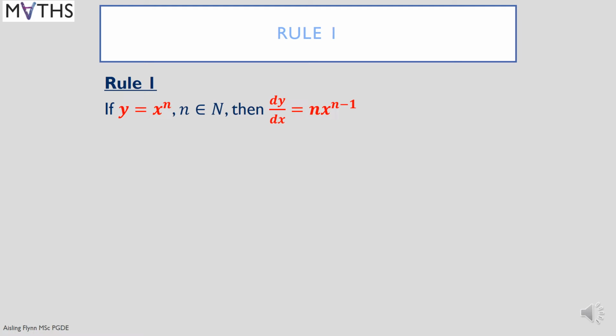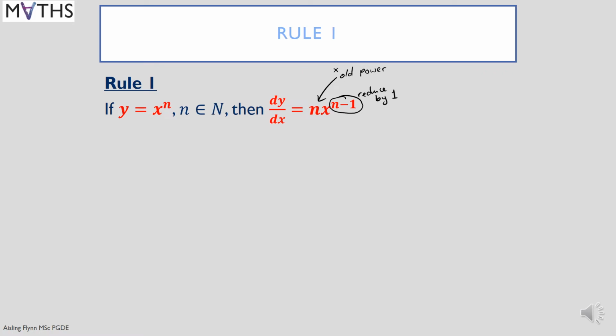What I like to say is you multiply by the old power and you reduce the old power by 1 to get your new power.